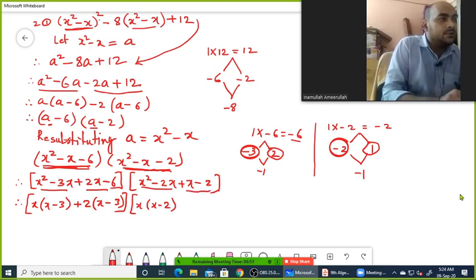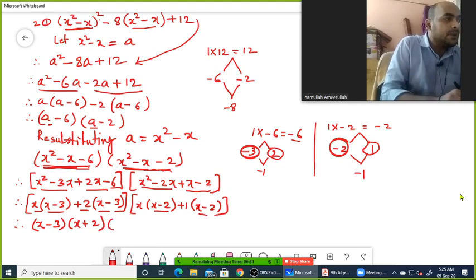In the last two terms, plus 1 can be taken out as a common factor, so x minus 2 will be left. So this way x minus 3 appears two times, so we can write it once, and this x and plus 2 will give you the other factor, that is x plus 2. And from here x minus 2 is one factor, and the other factor can be taken as x plus 1.